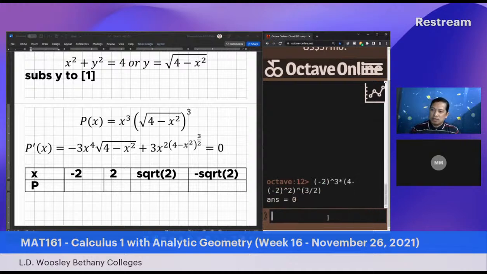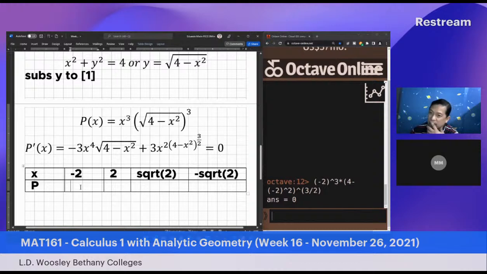Yun, 0. Alam yung product 0. 0, Micaela, for this. Hindi ko alam bakit 0 eh. Gawa siguro nung radical. Negative 2 squared is 0. So product is 0 here.